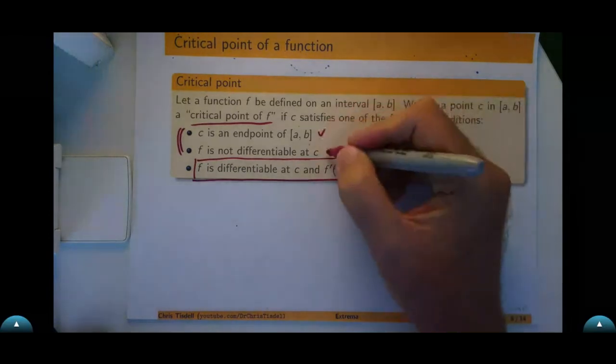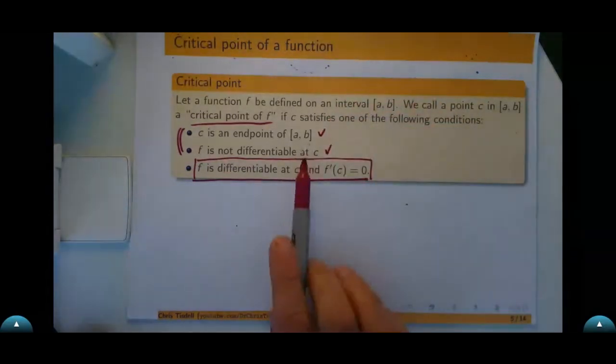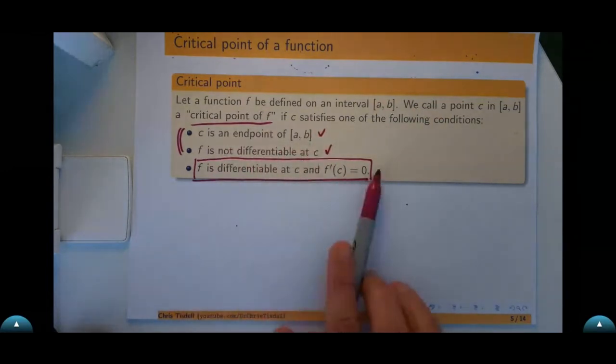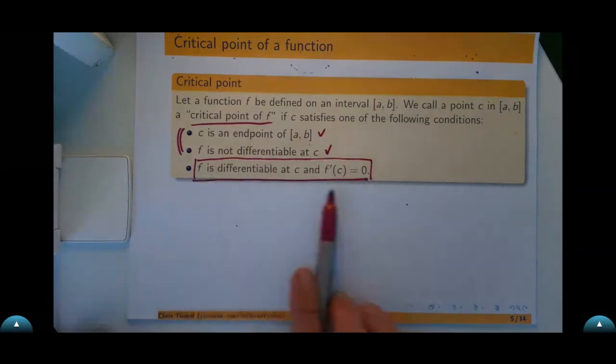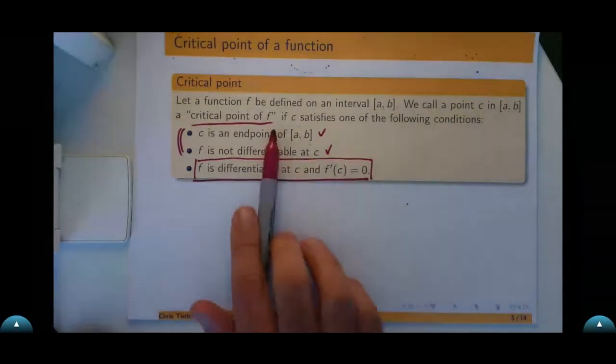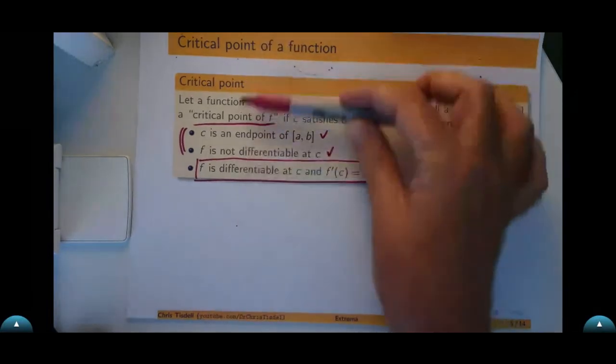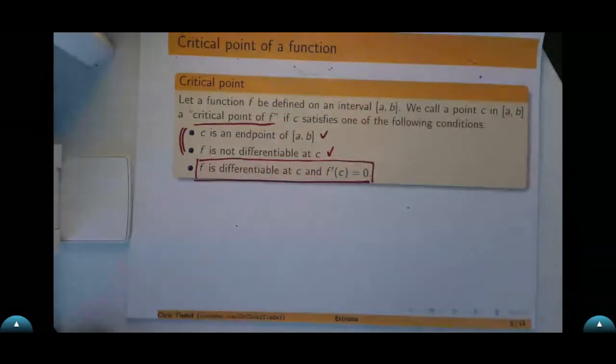But these 2 are also important, and they're related to finding the maximum or the minimum values of a function. So they can certainly occur here, but they can also occur in these 2 situations. So this wider definition captures everything, right?